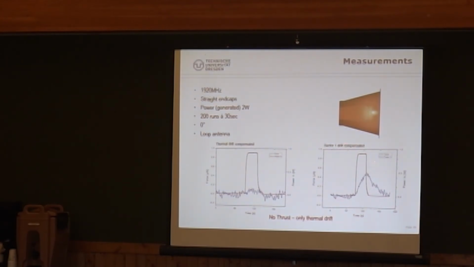You can see 2 graphs, one with complete thermal drift compensation. The red line is with power input. We have 0.8 watts of power going inside the cavity if I trust my bidirectional coupler. And we can see a force of, well, it's noise. We have a noise of about 0.1 micronewtons.